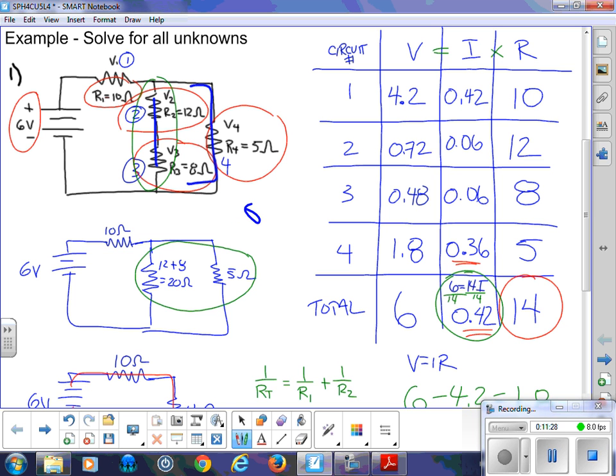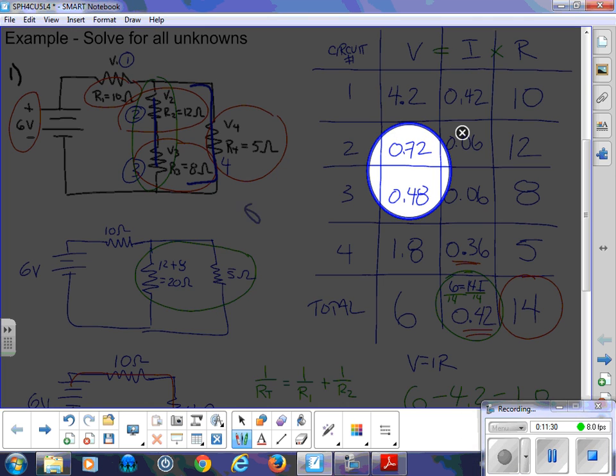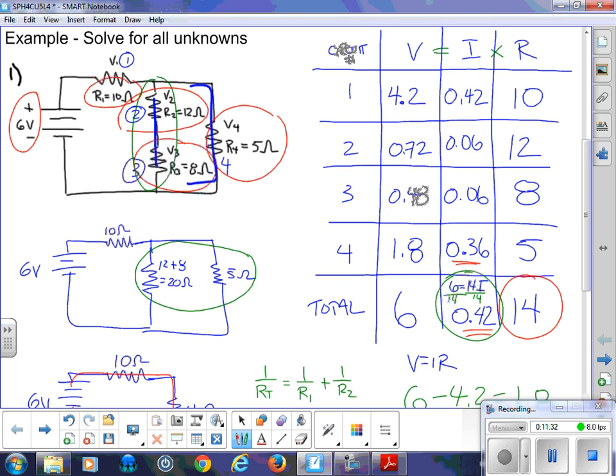Going through here, that means that these two should add up to 1.8. When you do a quick check here, 0.72 plus the 0.48, I get 1.2 pretzels. So I'm off a little bit. So either I did a calculator mistake here, or I rounded too much on my way through. 0.48 plus the 0.72, 1.2.